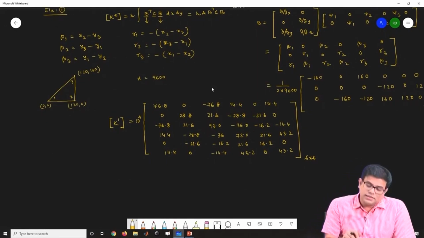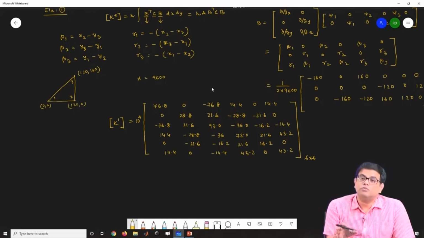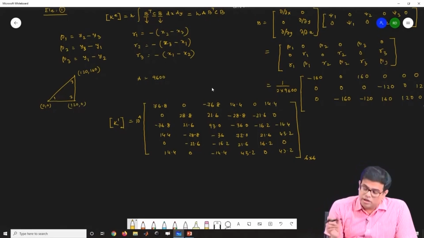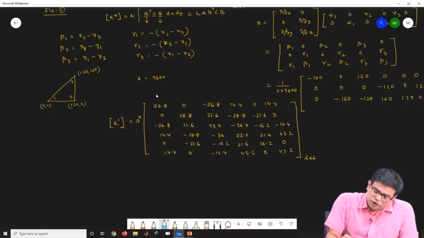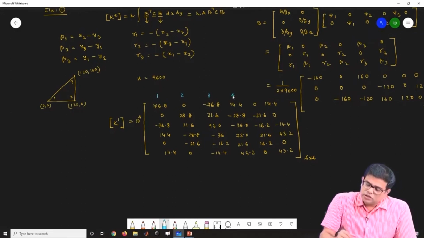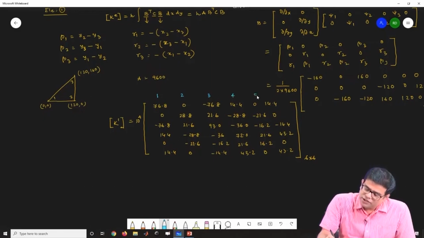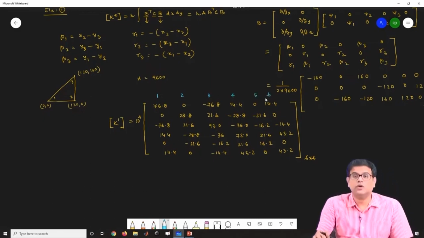Now this is corresponding to degrees of freedom, which are the global degrees of freedom. So if I now write that this is the corresponding 1, corresponding 2, 3, 4, and 5, 6, so this is according to connectivity.